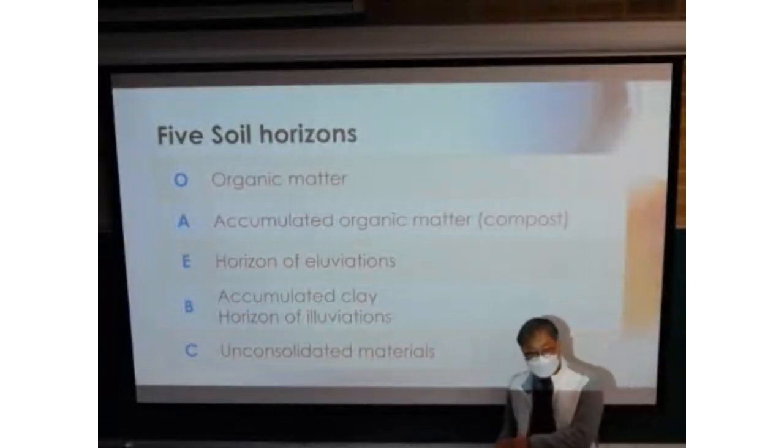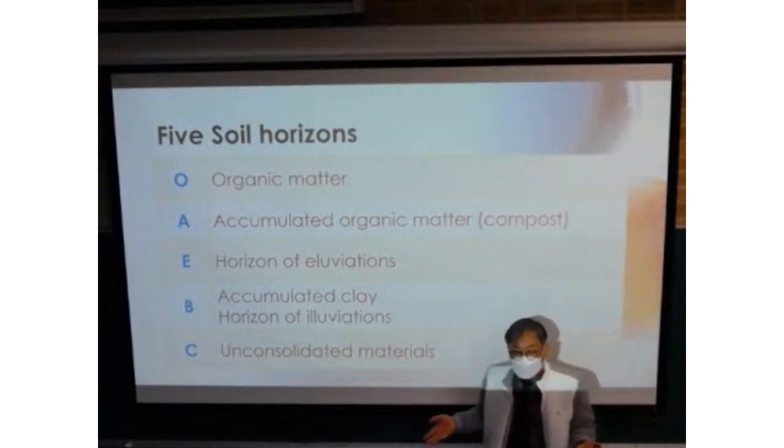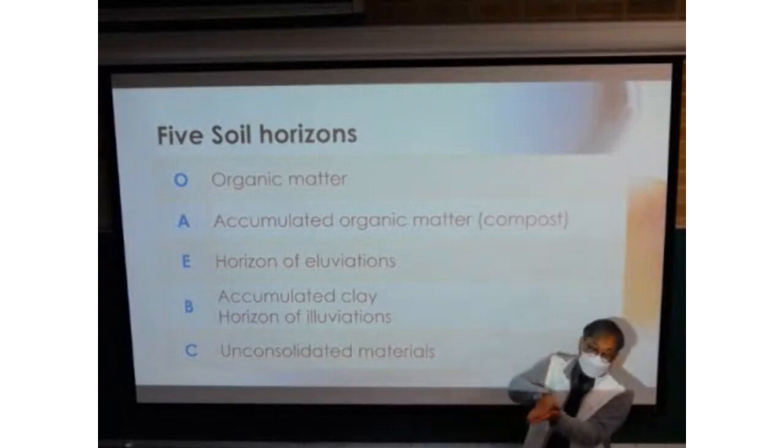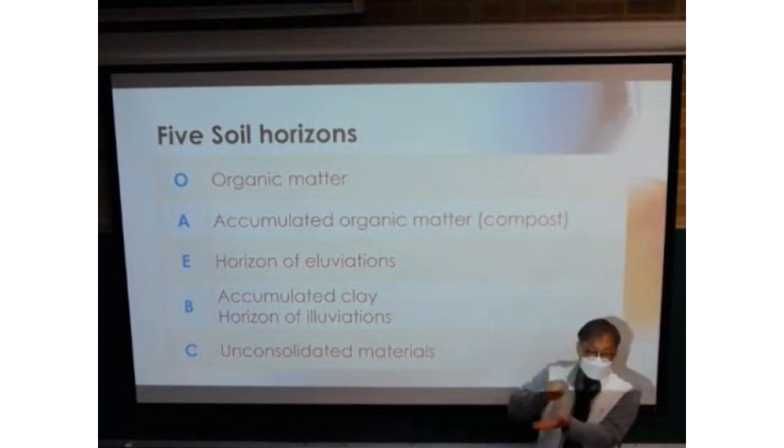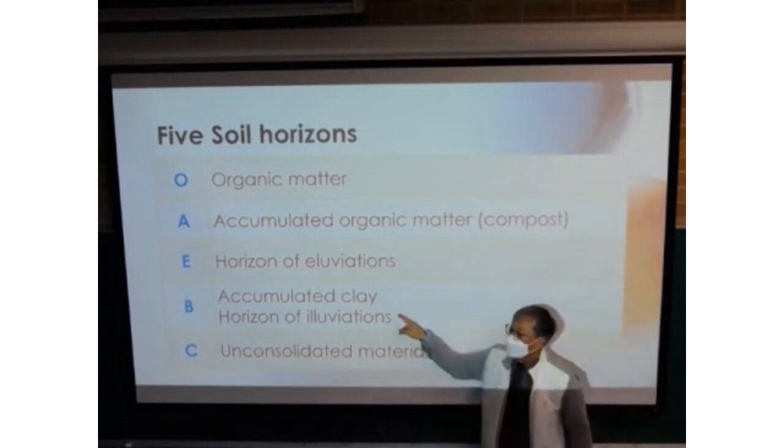So it's going to drop them because it doesn't have power. That's why in some area, water is going to drop clay particles and minerals and accumulate them. Okay, the area we call the B horizon.